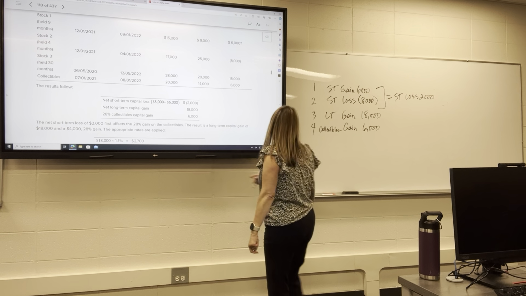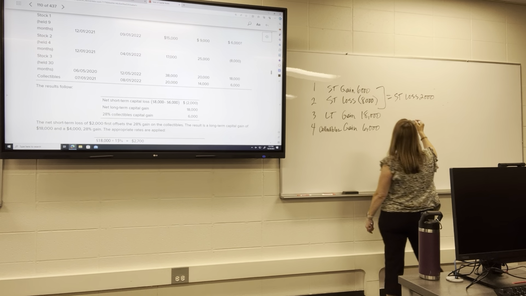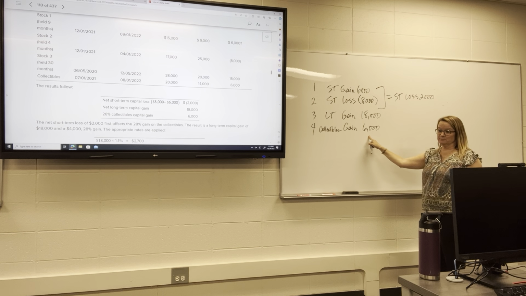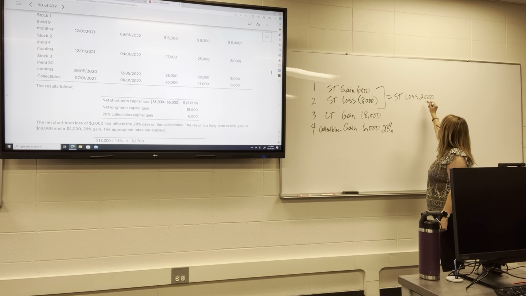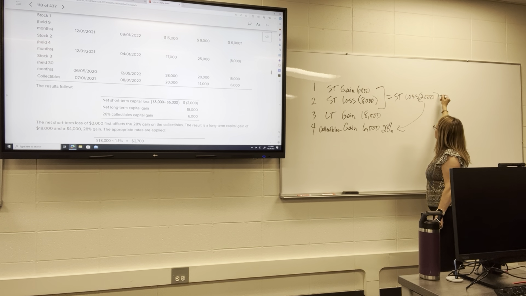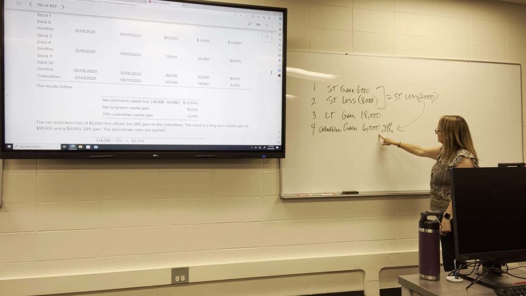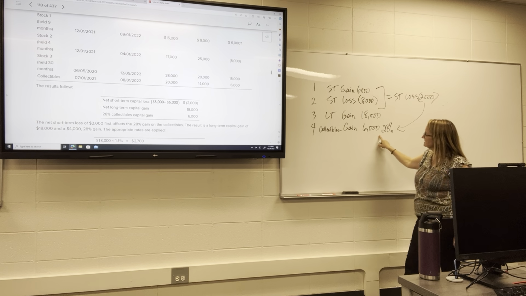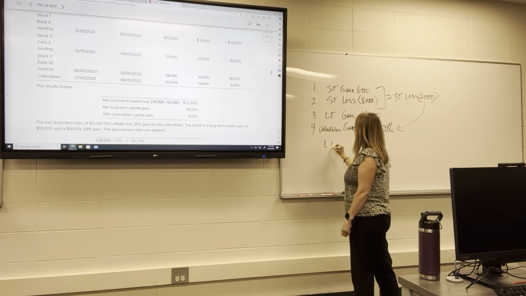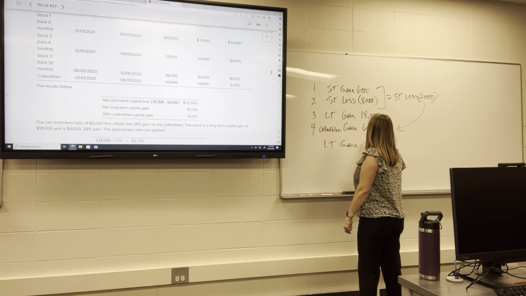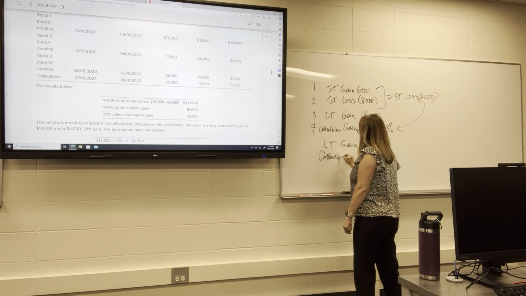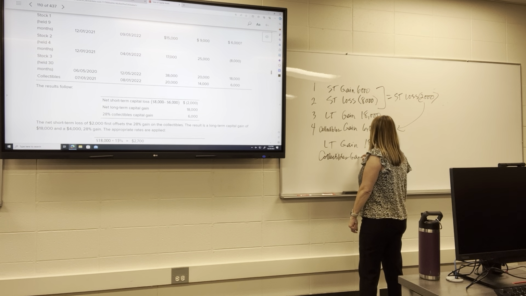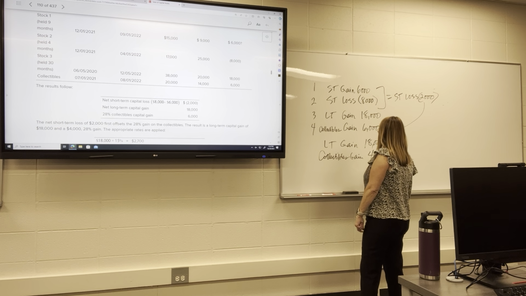Now this loss, the first thing we're gonna do is offset collectibles. It's at the higher tax rate, okay? So we're gonna use that to offset. That's gonna bring that down to 4,000, so we'll have a long-term gain of 18,000 and a collectibles gain of 4,000.